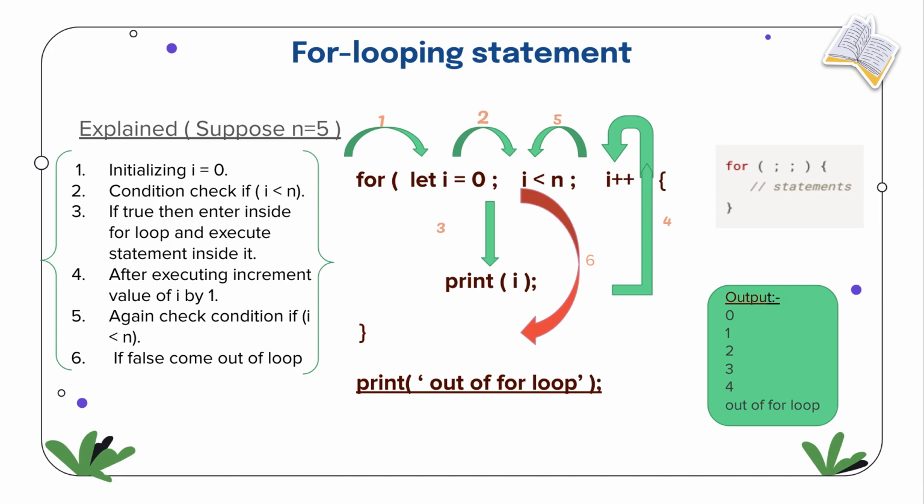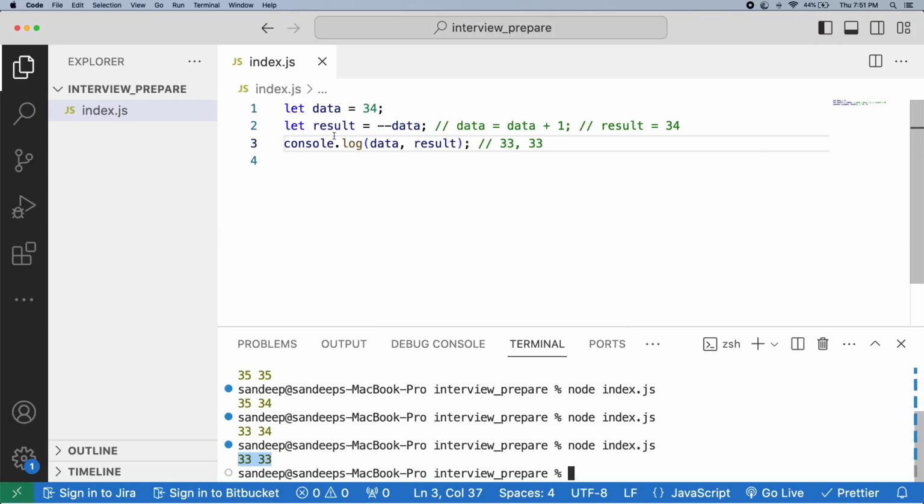Why is a for loop required? Let's suppose you want to print numbers from 1 to 100. To store one value you need one variable. For example, 34 you are storing in one variable, and if you want to store 35, you create another variable.